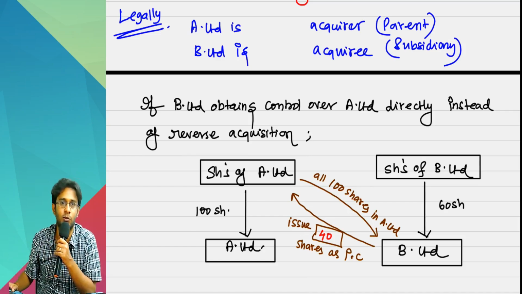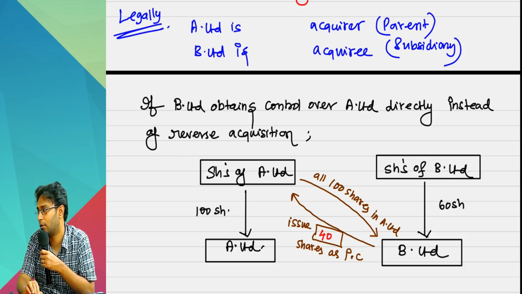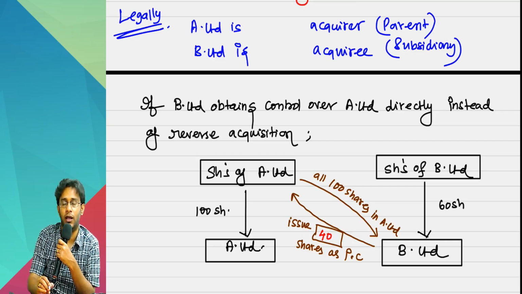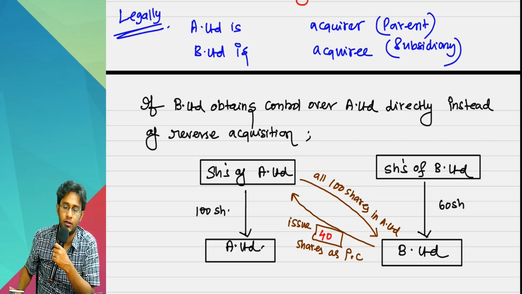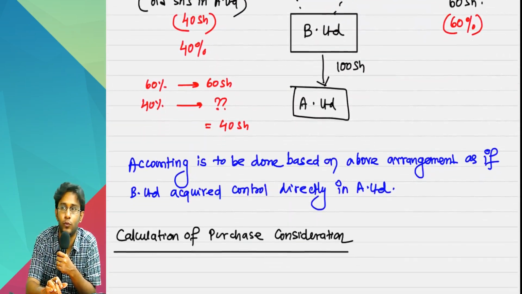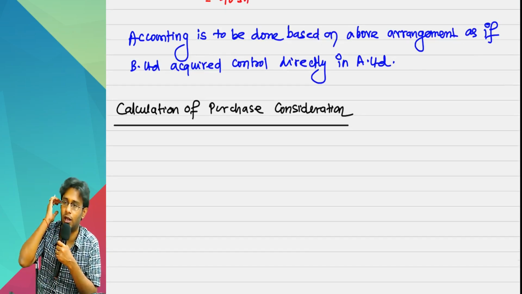Both methods are possible in this sum. Do both and see which one is more reliably measurable. That one you have to take. Read the first paragraph. They gave you A Limited's share price also. They gave you B Limited's share price also. Take both. You will have two PCs now. Select whichever is more trustworthy, whichever is more reliable.